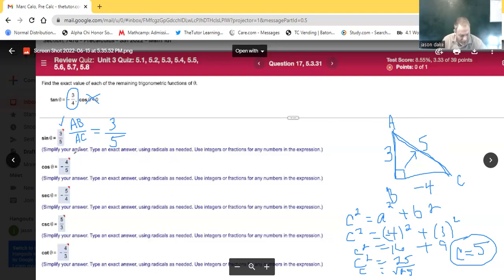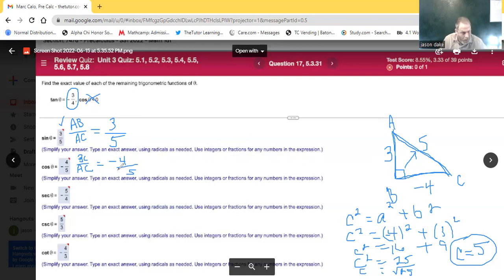All right, let's look at the other one. Cosine theta is BC over AC. So BC is -4. Bring that -4 over, and AC is 5. Does that match, guys?